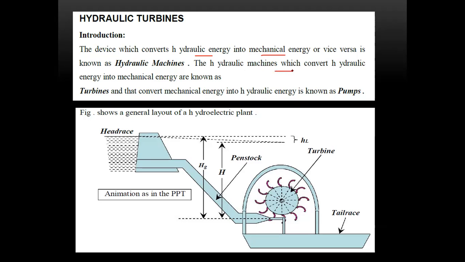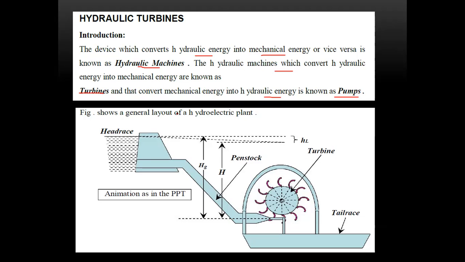The hydraulic machine which converts hydraulic energy into mechanical energy is known as a turbine. The machine that converts mechanical energy into hydraulic energy is known as a pump. We have already discussed pumps in unit 6. In unit 5 we are discussing the hydraulic machines.